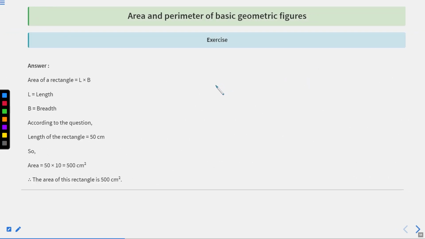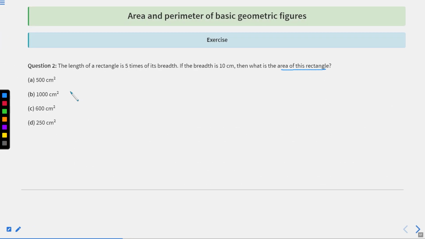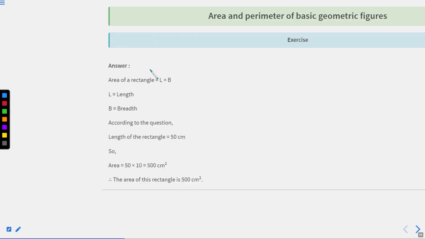Suppose breadth be x. So what will be its length? Its length is going to be 5x. That's what the question is saying to us. So a value of breadth is given to us, that is 10 centimeter.